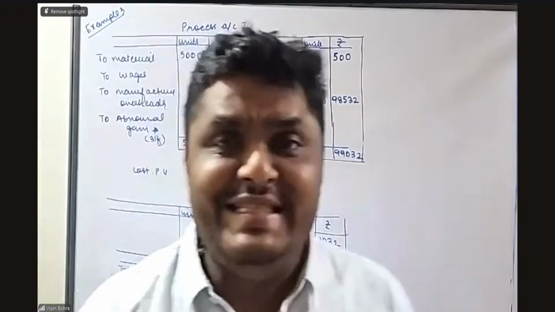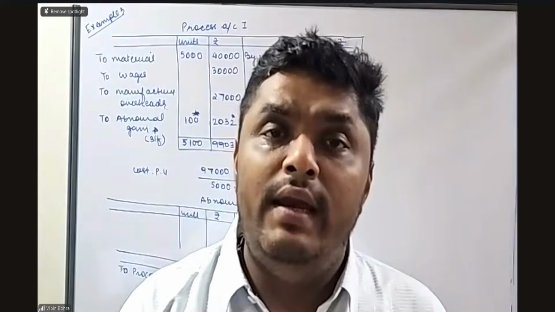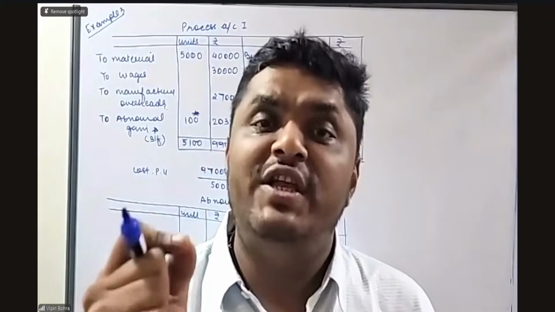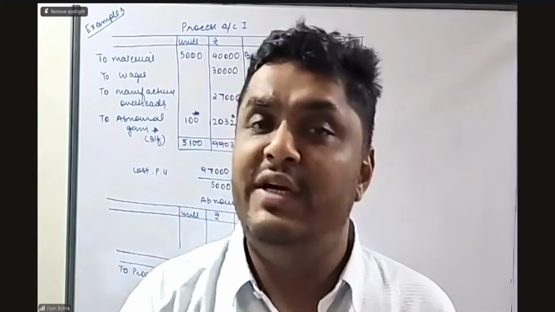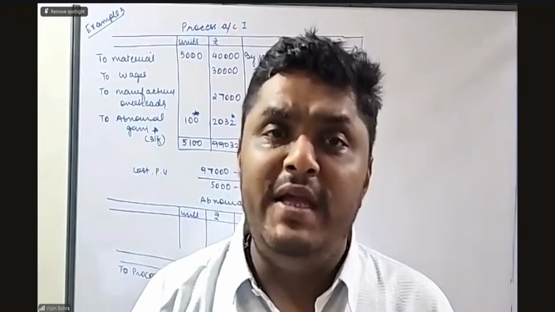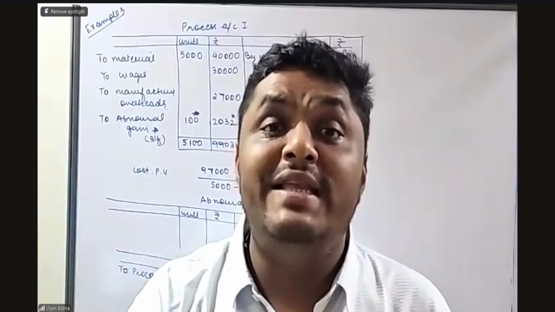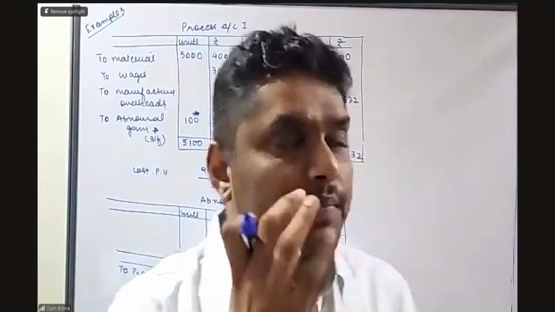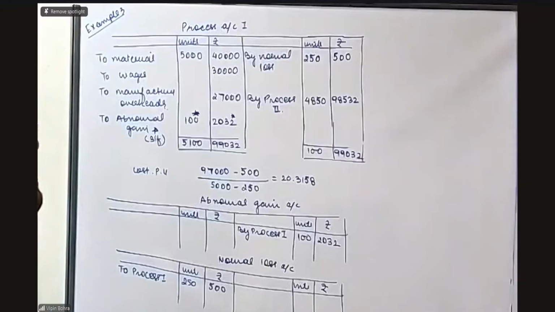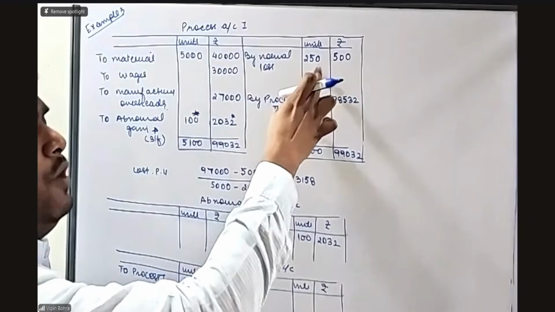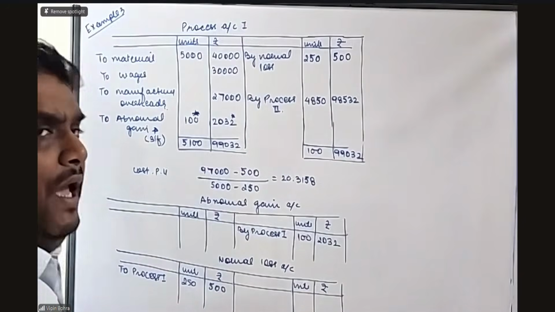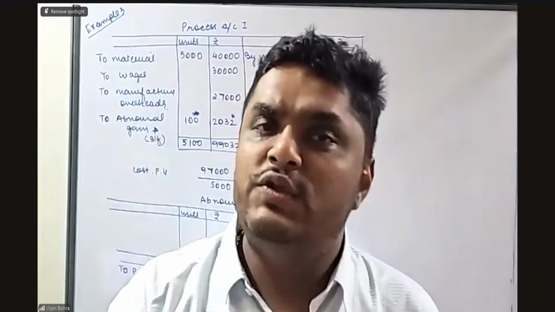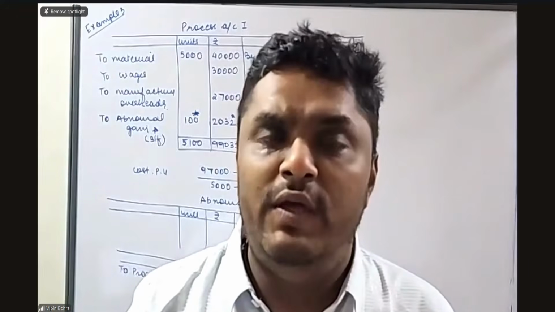Now, as I said, what is abnormal gain? When the actual production exceeds the expected production, it is abnormal gain. Apart from this, we can say abnormal gain is also a saving in normal loss. So now, see, we were expecting a normal loss of 250 units and we are supposed to realize rupees 500 on sale of 250 units.